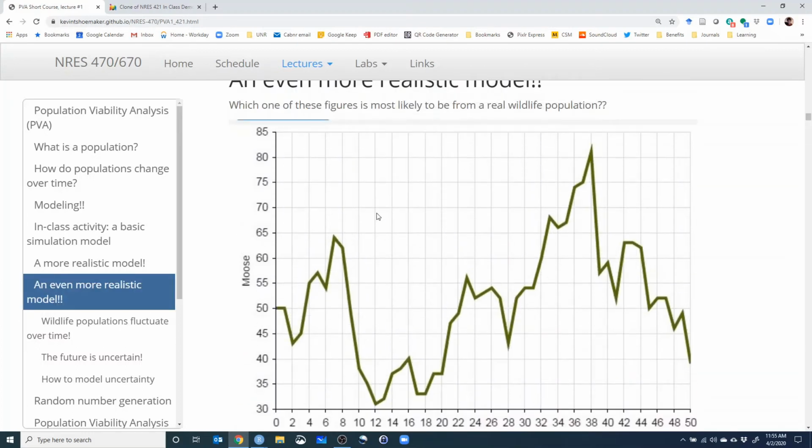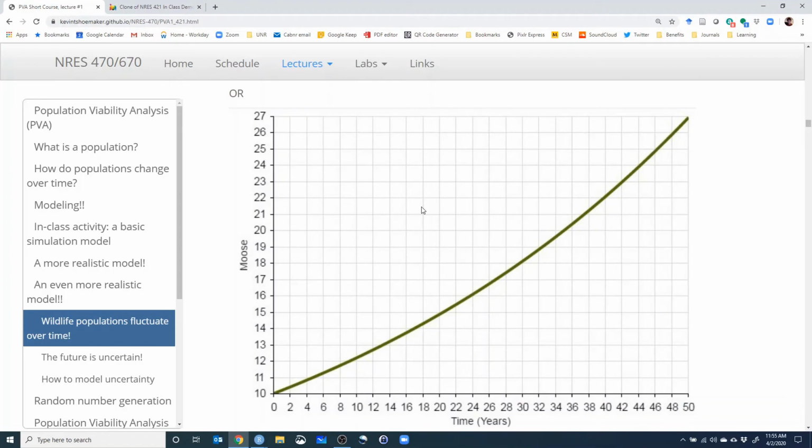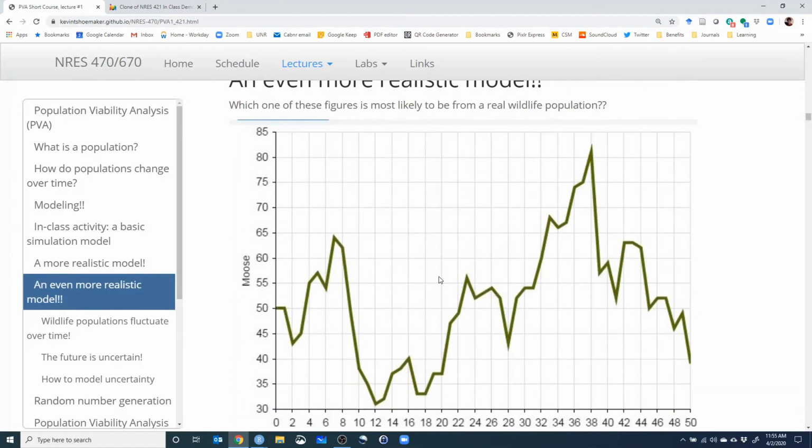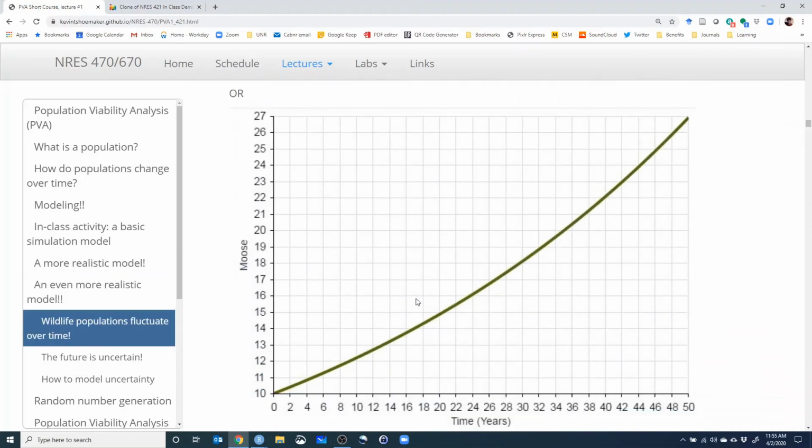Again, this one or this one? Which one's more realistic? Now, if you answered this one, you're right. If you look at data from real populations, they tend to go up and down, they tend to fluctuate in what looks like kind of a random way. They don't look smooth. They don't look like that.